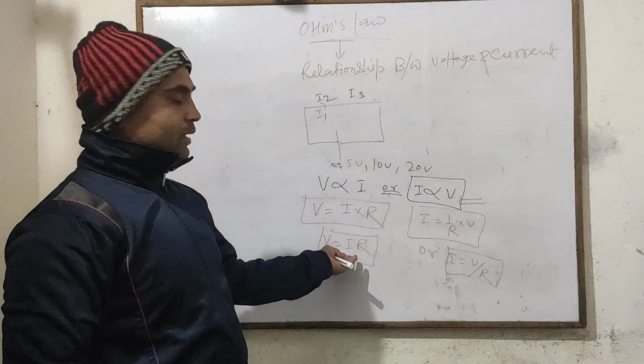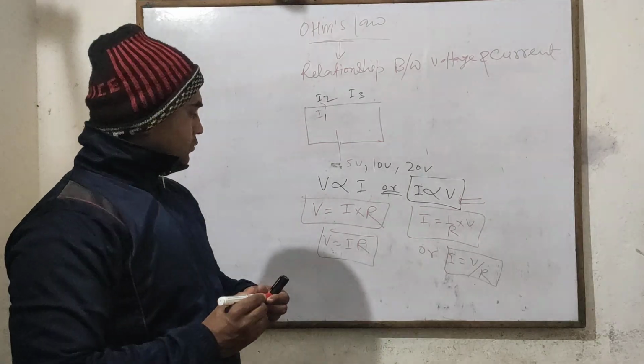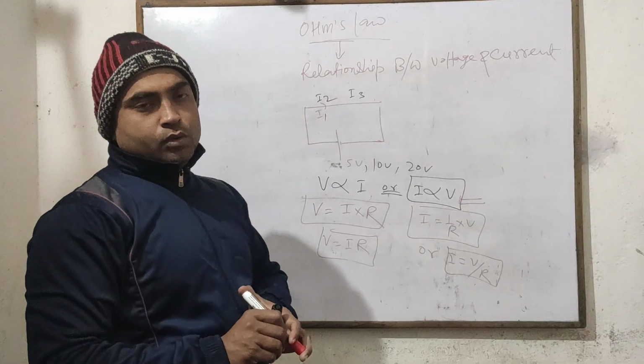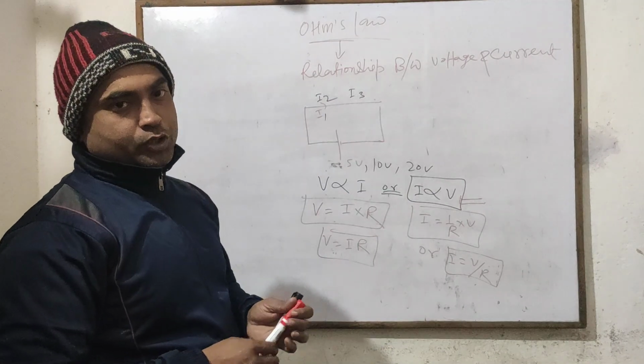When you find I, we divide voltage by R. V directly proportional to I is Ohm's law. As current increases, voltage also increases.